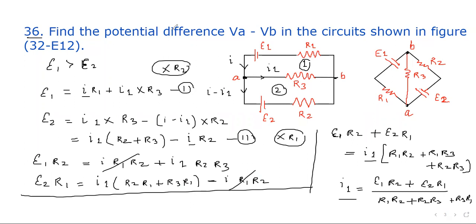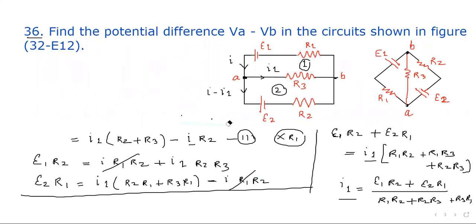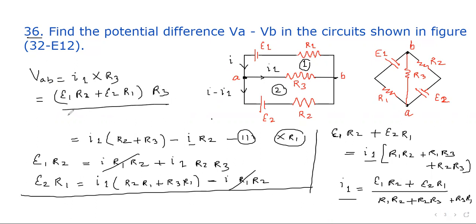I1 is this, so let's write VAB equal to I1 times R3, which is (E1 R2 plus E2 R1) times R3 divided by (R1 R2 plus R2 R3 plus R3 R1).